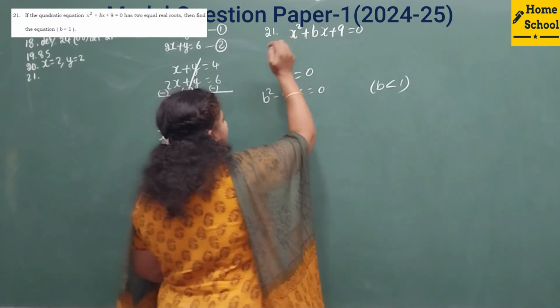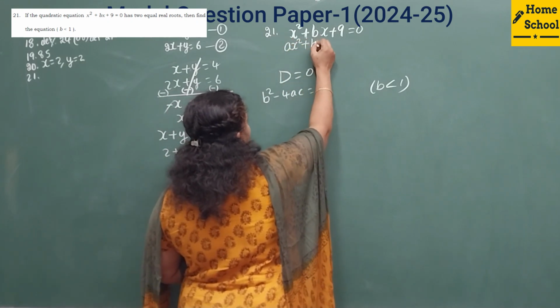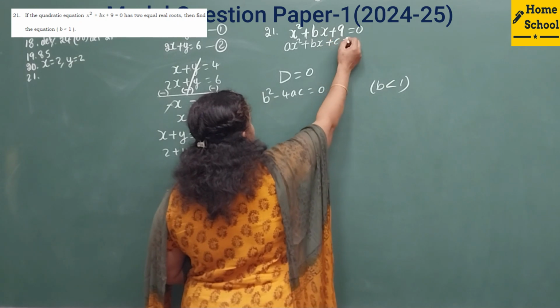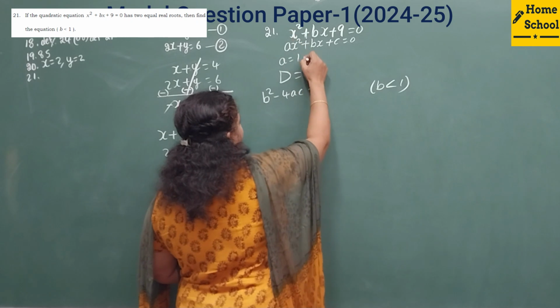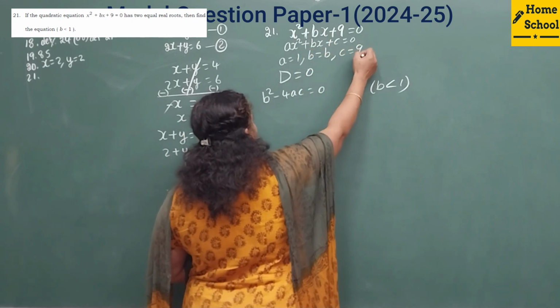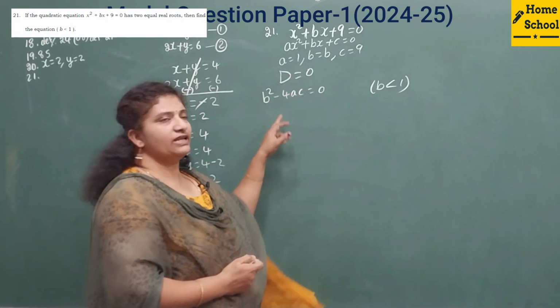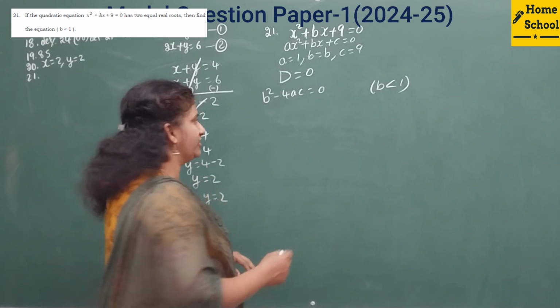Now compare the given quadratic equation with the standard form, that is ax square plus bx plus c equal to 0. Compare, a is equal to 1, b value only, c value is 9. Now substitute these values in order to get b value. After getting b value, write the equation.